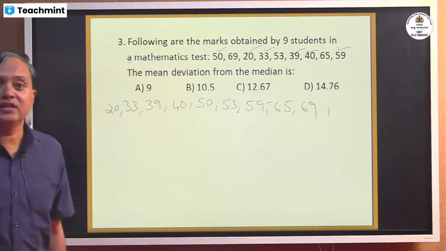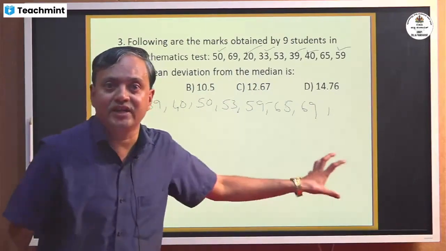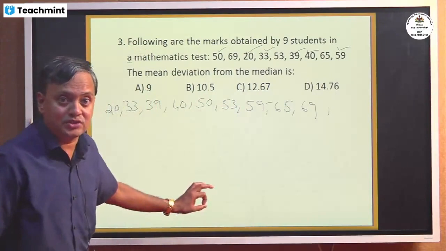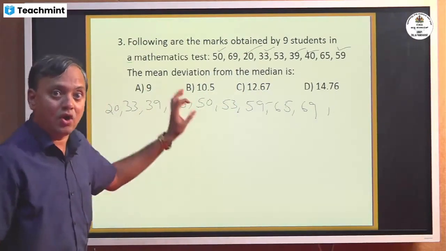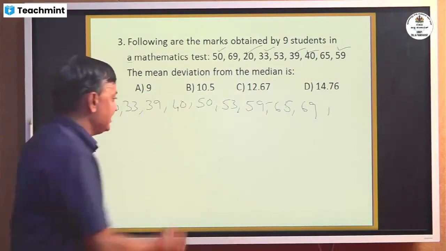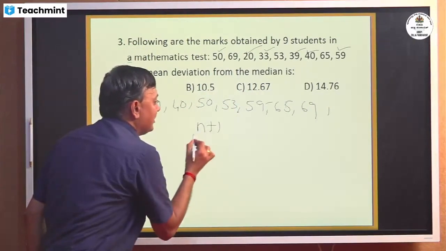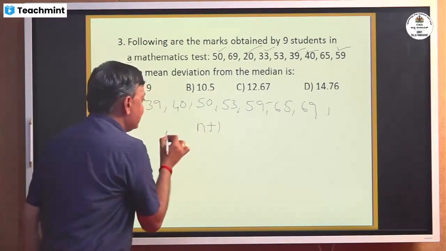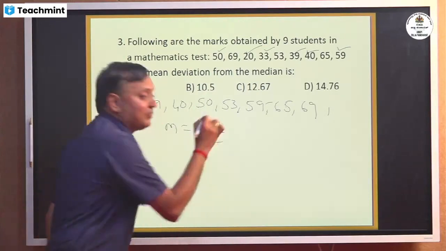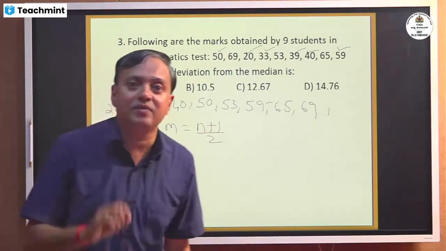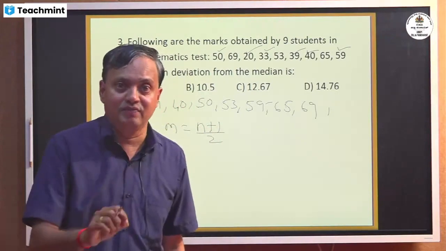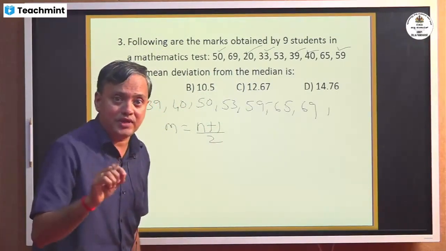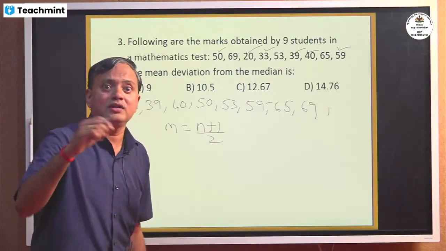Here, to find the median, we have to write in ascending order. After getting the ascending order, if the number of data is odd, then the median is the (n plus 1) by 2 observation, where n is the number of observations. If the number of observations is even, then it is the average of the n by 2 and (n plus 1) by 2 observations.